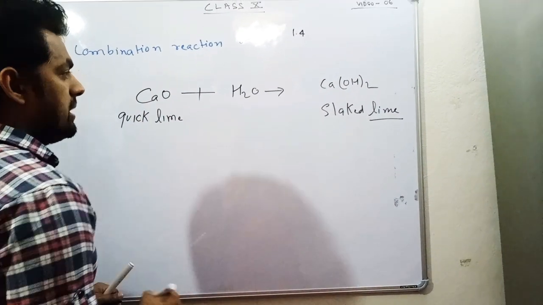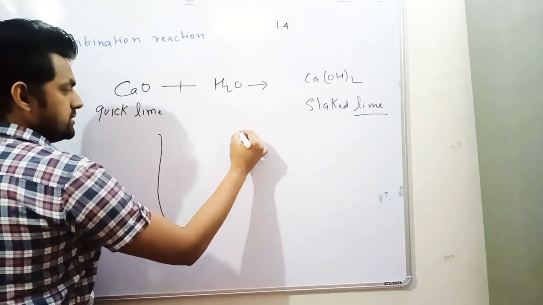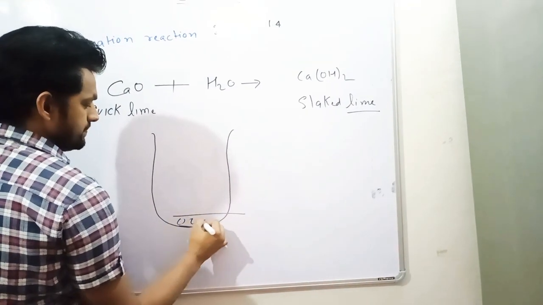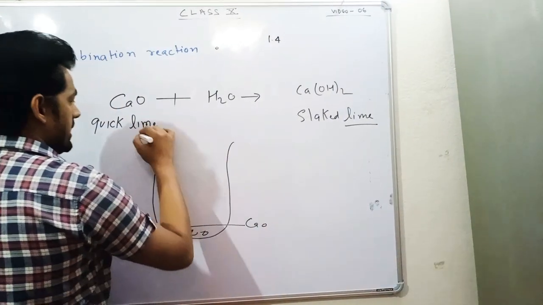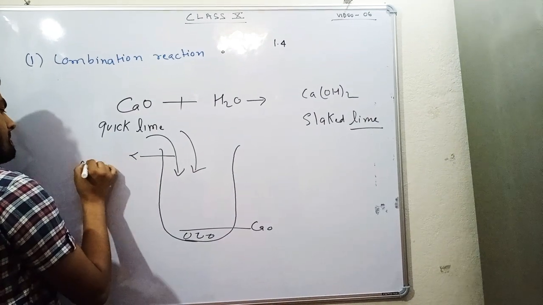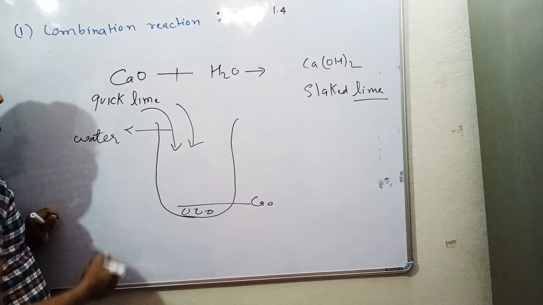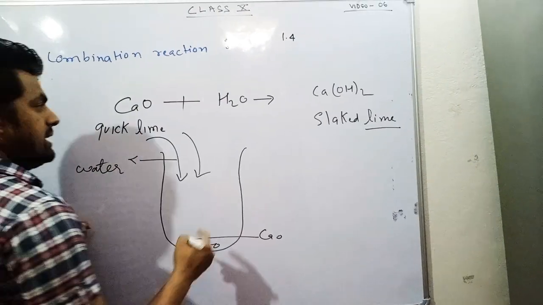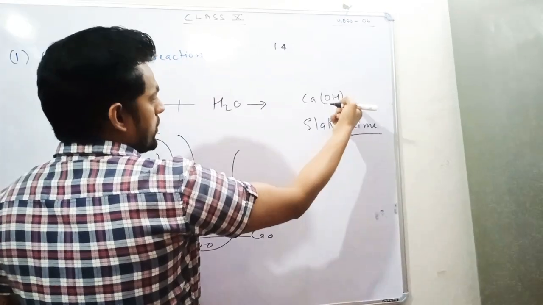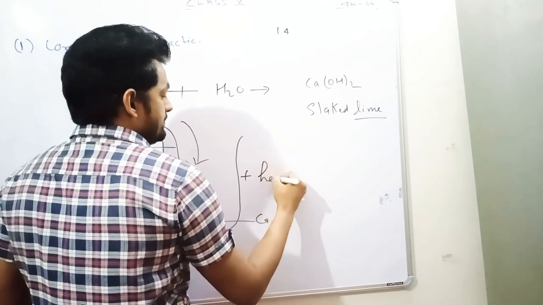How does this experiment happen? ये experiment कैसे होगा, we have to take one beaker. In this beaker we take CaO and we have to add water. As we add water, it combines and forms calcium hydroxide, and with that heat is also produced.